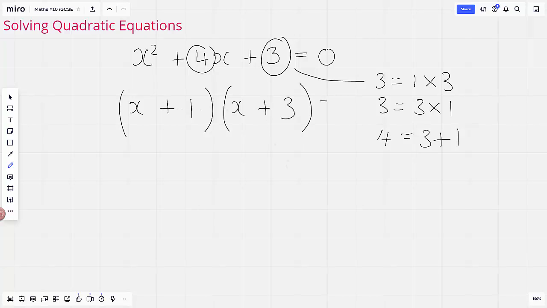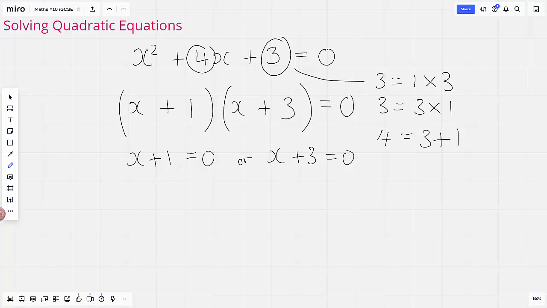But remember, this has got to be equal to 0. So for that to be equal to 0, either the numbers in this bracket here equate to 0, because 0 times anything will give you 0, or the numbers in this bracket will give me 0. So our possible solutions will be that x plus 1 equals 0, or x plus 3 equals 0.